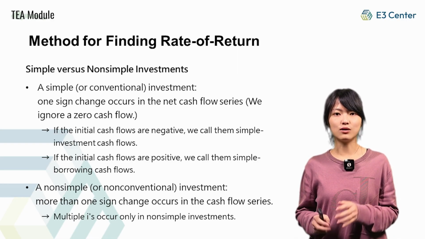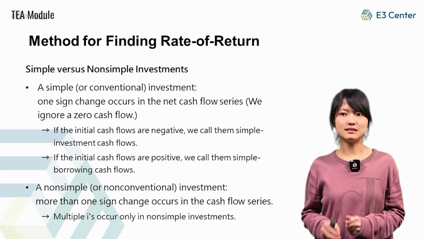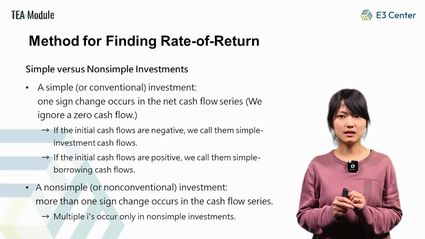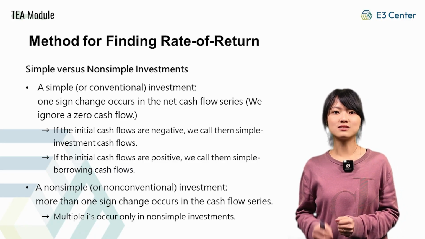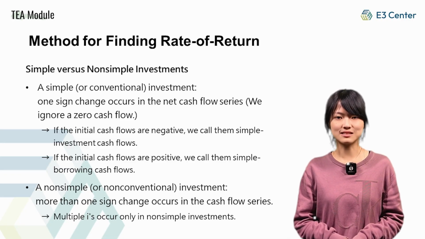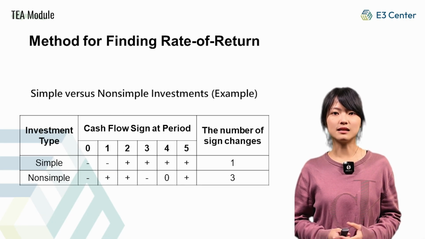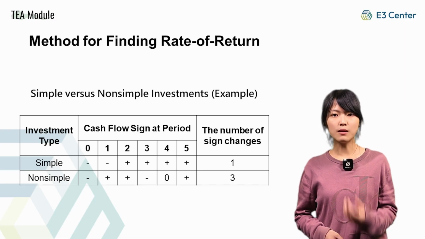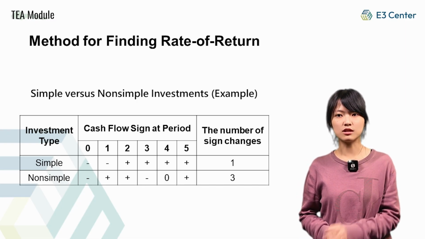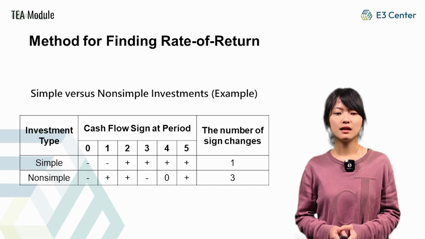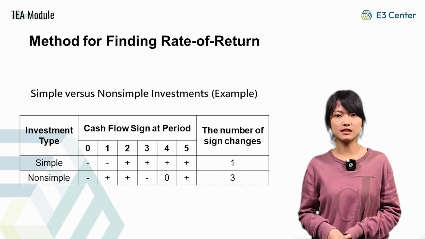Multiple IRRs, or RORs, indicating the points of cash flow inversions, occur only in these non-simple investments. Let's look at the table presented in this slide, which will help us understand how the sign changes in cash flow impact the classification of an investment.